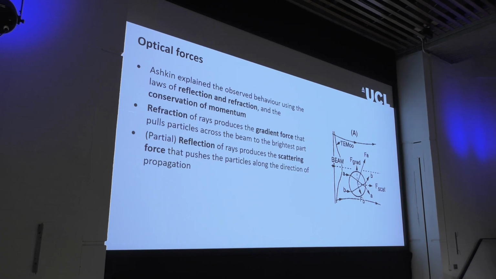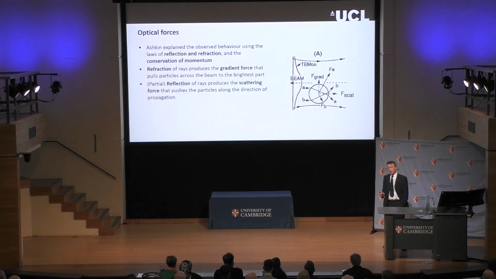Consider this one labeled A. It strikes our small particle. Now, this might be a particle of glass suspended in water. It has a high refractive index, so it works like a lens. It bends, it refracts the ray of light as it crosses. So our ray A here crosses the particle, ends up its path being bent, coming out at a different direction, which means that the direction of its momentum has changed.